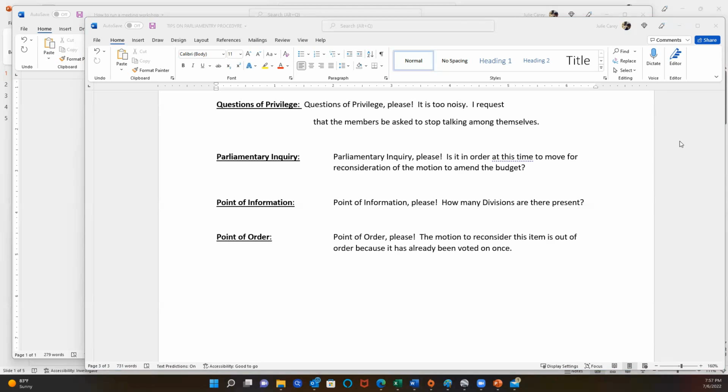I move to name the publication Roadways of the 8th. And then the chair will say, is there a second? And it has to be a voting member. I second. The chair says, the motion has been moved and seconded to name the new publication Roadways of the 8th. Is there any discussion?